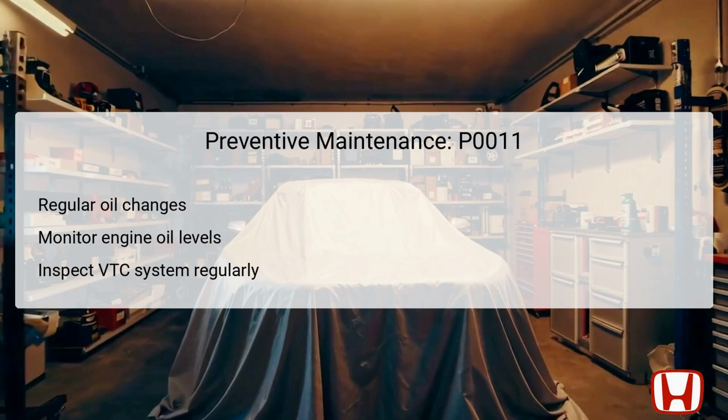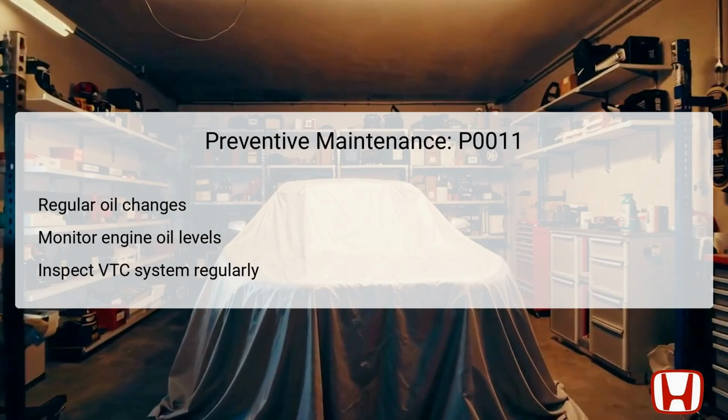Preventive maintenance is essential for avoiding future occurrences of the P0011 code and ensuring the optimal performance of the VTC system. Regular oil changes will maintain clean and adequate engine oil, which is crucial for the smooth operation of the VTC components. Additionally, routinely monitoring engine oil levels will help prevent low oil situations, which can adversely affect the hydraulic functions of the system.